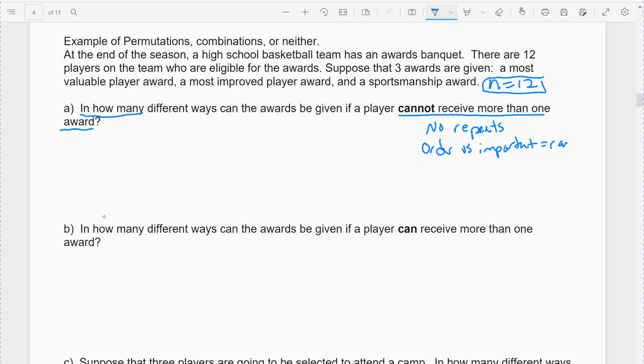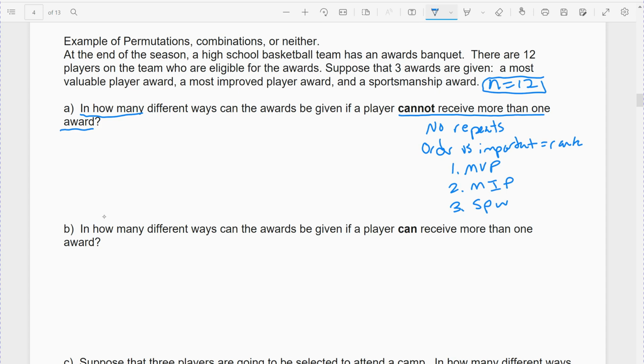Because there's a rank. There's a first, we'll say the first is most valuable player, there's a second, most improved player, and there's the third, Sportsmanship Award. Right? It matters. If you're picked for most valuable, that's it. You're done with that one. And so, again, it's different than if you were picked for the Sportsmanship Award. And so, order matters.